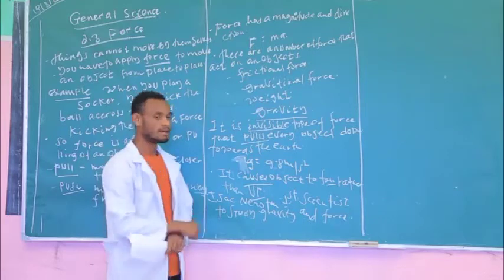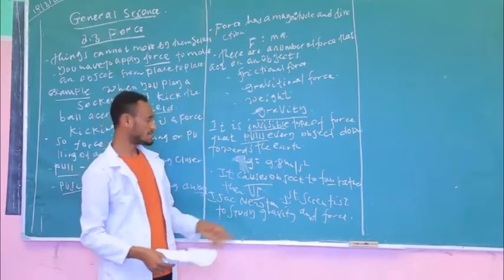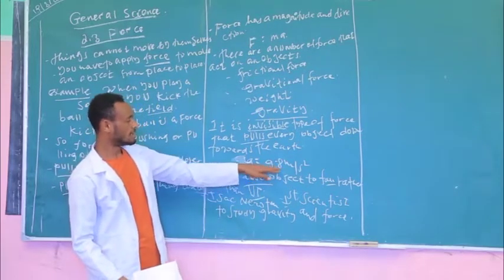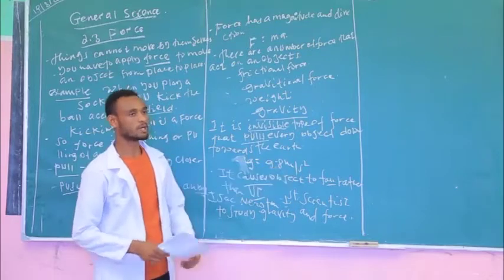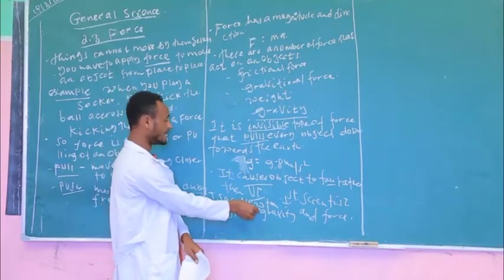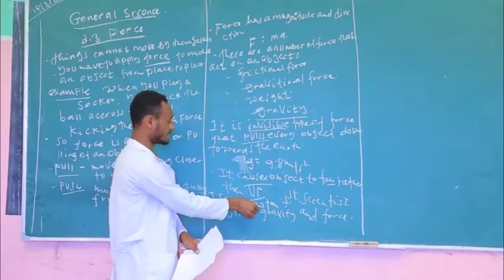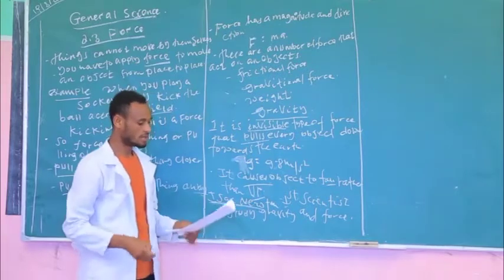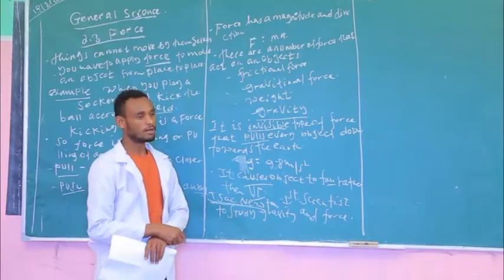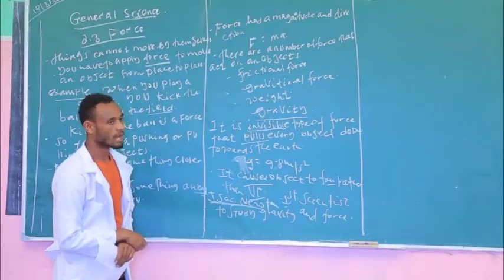You see, students, for the first time, the first scientist tried to suggest gravitational force, and the prediction of 9.8 meters per second squared was for the first time judged by Isaac Newton. Good, students. I hope you understand very well what we are dealing with now. Have you got it, students?